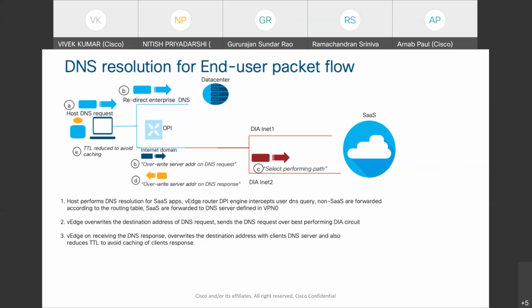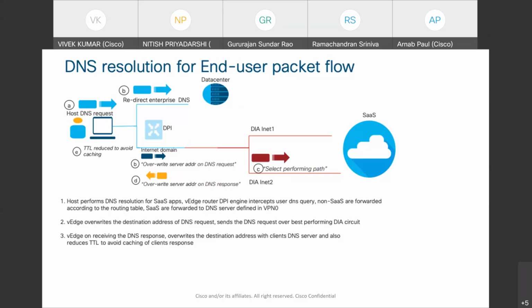If it is for some other application, then it will check the routing table and behave accordingly. But if the packet belongs to a SaaS application that is configured, then it hijacks that packet and replaces the DNS server with the one that we have configured on our VH or CH router for the SaaS operation.